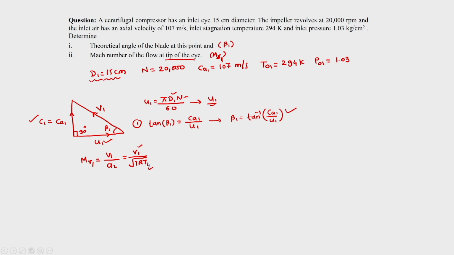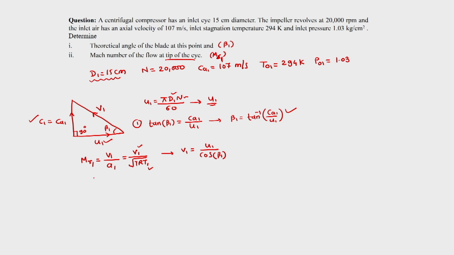So we have to find MR1, which is V1 upon A1, which is V1 upon square root of gamma R T1. This Mach number we can find here. Now we have to find V1 first, and V1 can be found since beta is known to us. So V1 is equal to U1 upon cos of beta 1. Beta is known from step 1, U1 is known before that, so then we know V1.